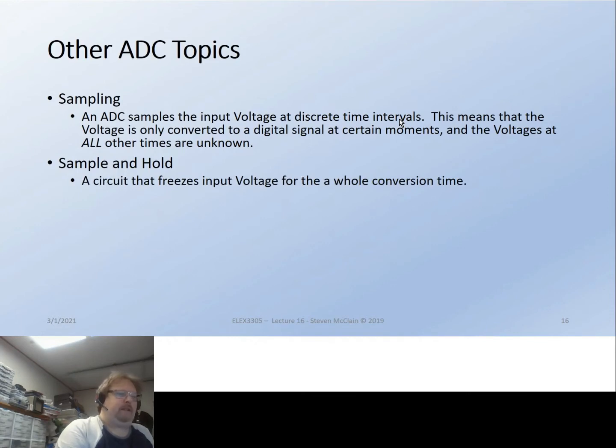It's a little capacitor and a little FET: you turn the FET on and the signal goes in and charges the capacitor up, and then you turn the FET off, and the capacitor just holds that voltage for a while. That's the voltage the A to D converter works on, so the actual signal isn't changing while you're doing the conversion.